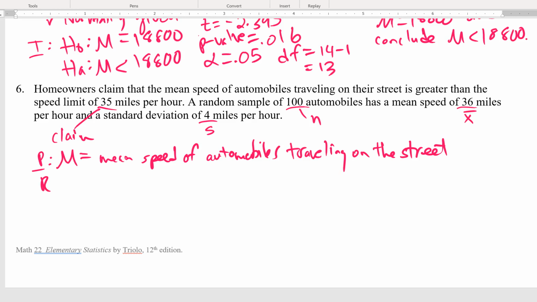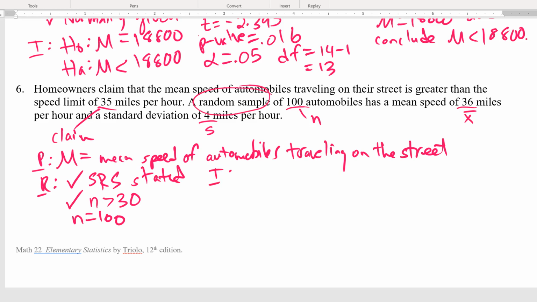What are the requirements for means? Data should be collected randomly. This time normality was not stated. How do I get normality? Does it say it? I'm reading more carefully this time. No, so it's not stated. Is n greater than 30? Yeah, 100 is greater than 30. So we have normality by the central limit theorem.